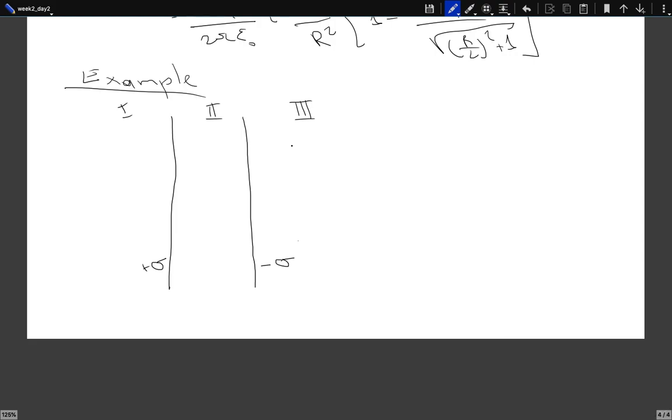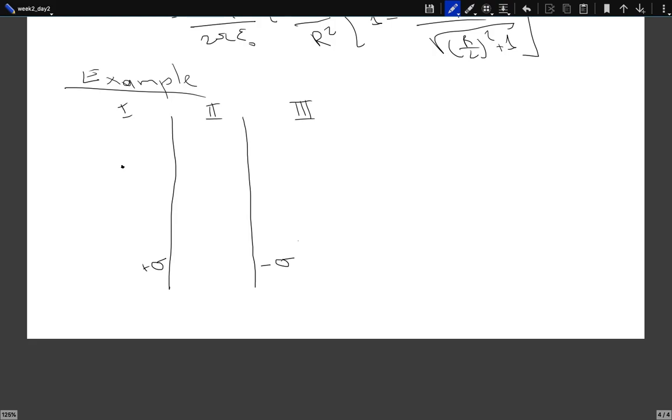Now let's look at a point over here. Up to this point, we have always been using the superposition principle. If you can divide your charges into various sets of charges and calculate the electric field of each one of these sets, you just add them up.